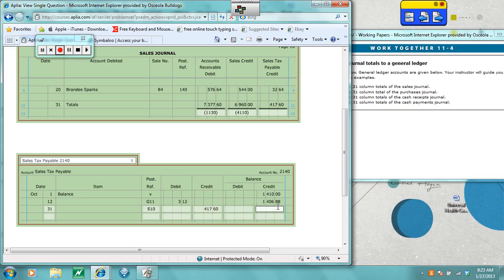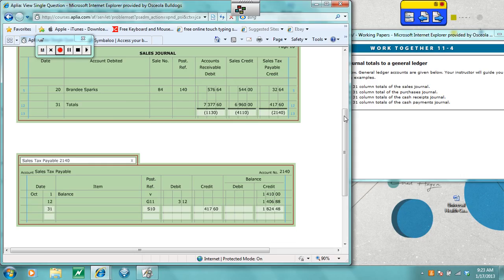A credit plus a credit equals a bigger credit. Take that number, put it in parentheses. Voila. So we are done with step 1.